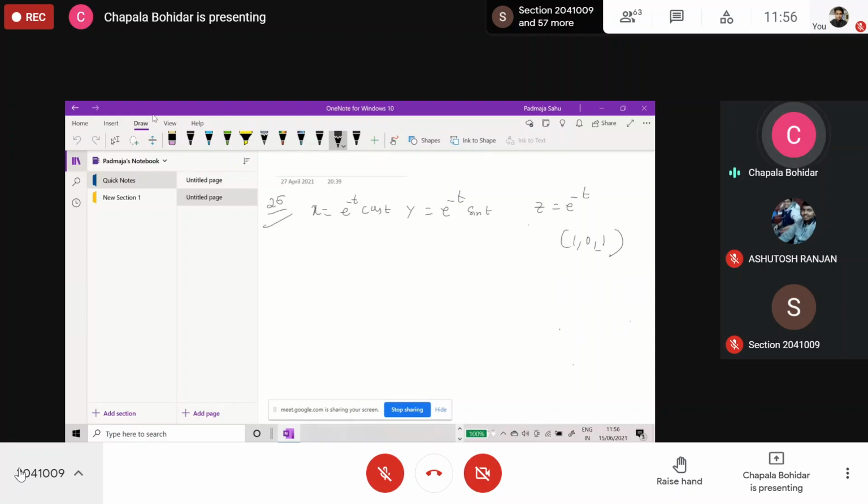In 4, you see the projectile problems. You will not get a direct question like find out the velocity or the acceleration. Mind it, you must get that projectile problem. See that problem.